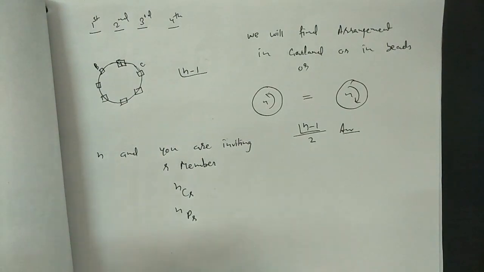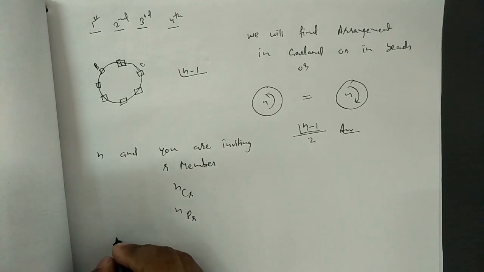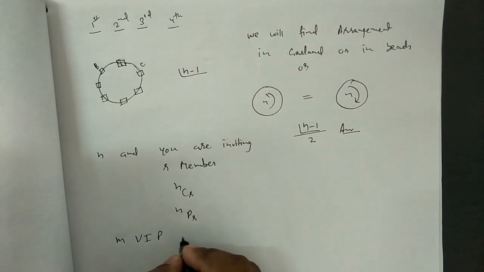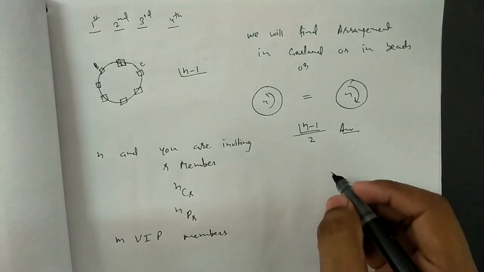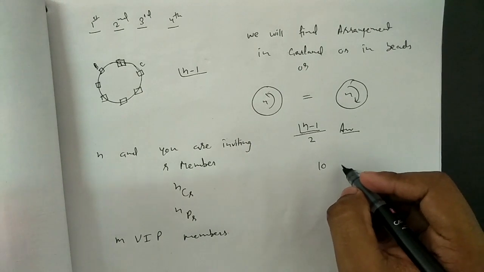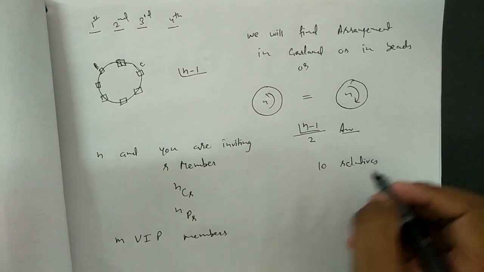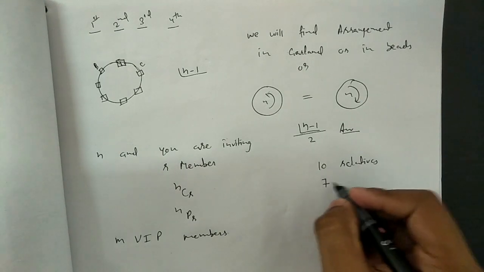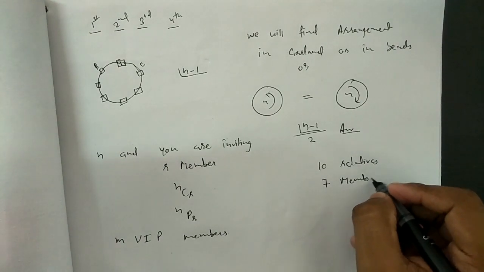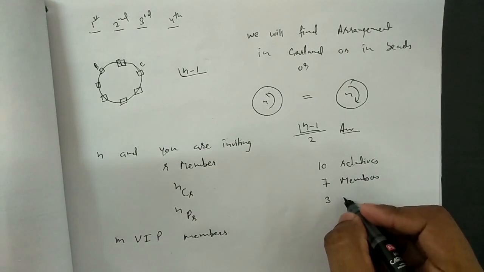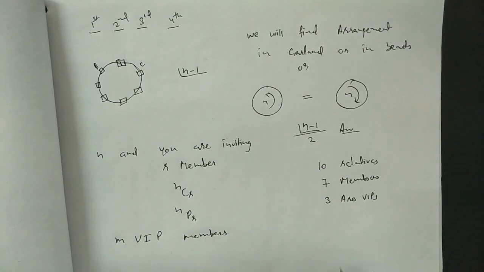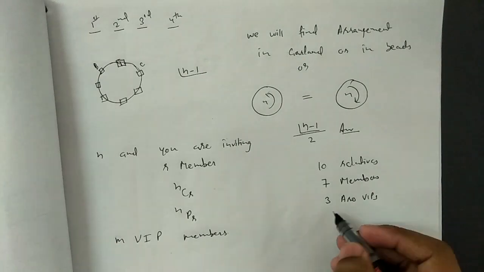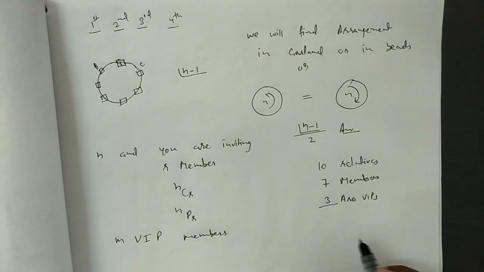But what will happen if you have m VIP members? In this case, taking an example, if you have 10 relatives and you are inviting 7 members of them and 3 are VIPs, the VIPs must be included.